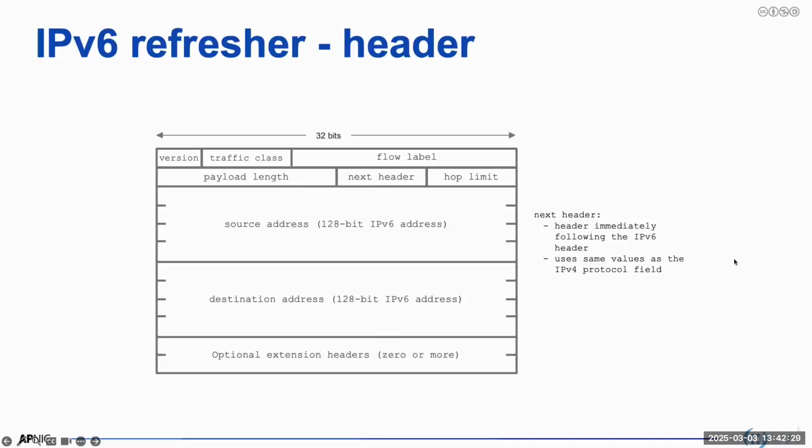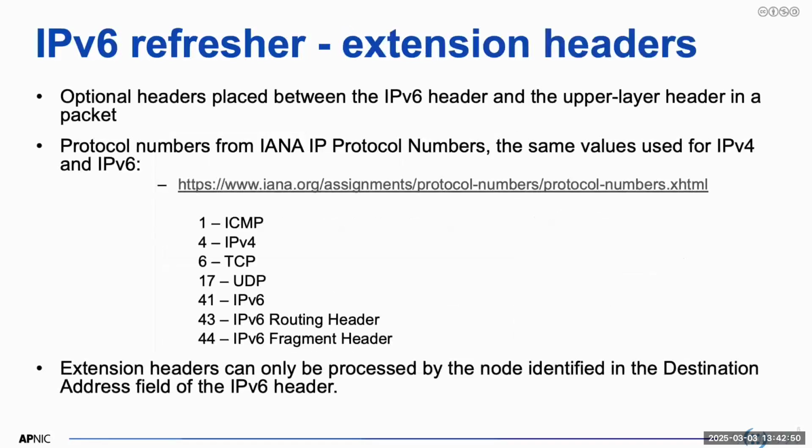In the next header, we put information about the upper layer protocol. So here the upper layer protocol would be the segment routing header. That's why we have to mention in the next header what the upper layer protocol is, and this is how we do the chaining or stitching from the basic header to the segment routing header.